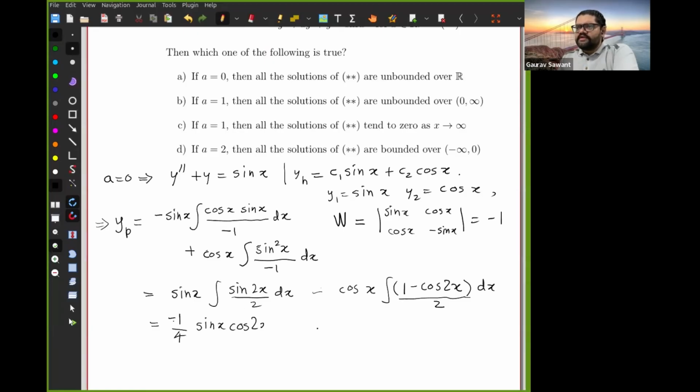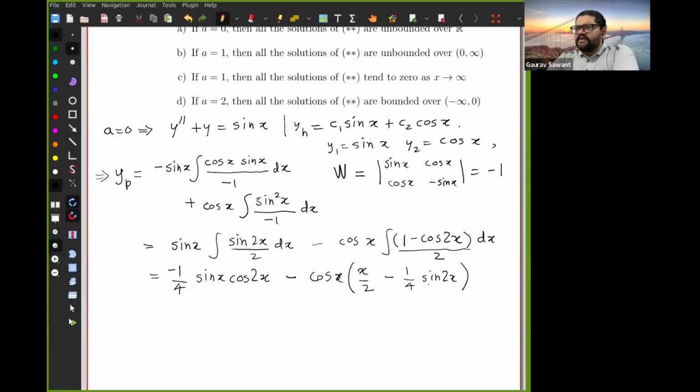So our first one has become minus 1 by 4 sin x cos 2x. And then the next one is what? The cos x, there is x by 2, and minus 1 by 4 sin 2x.